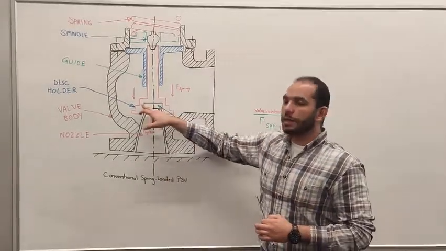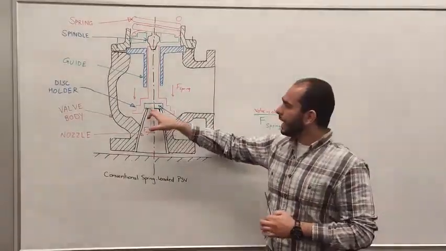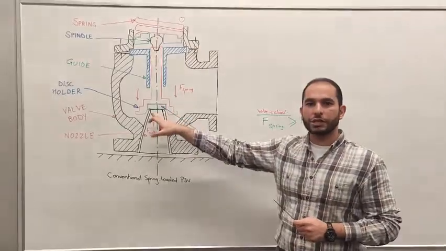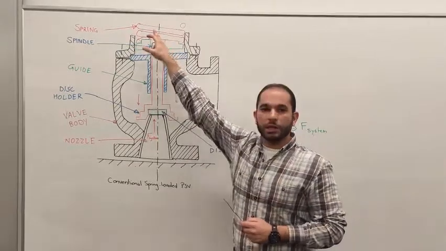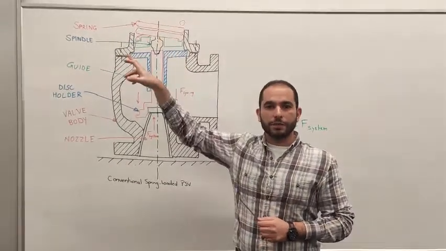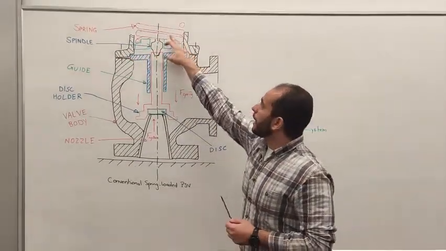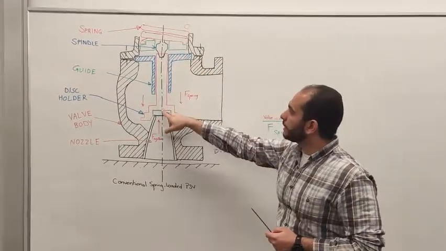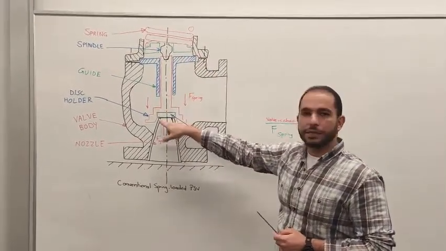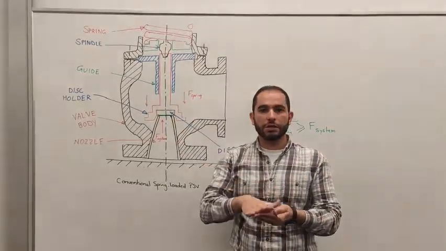That disc is forced against the seat, which is a part of the inlet nozzle, by the action of a compressed spring that is acting on the disc against the seat, maintaining it always in a closed position.